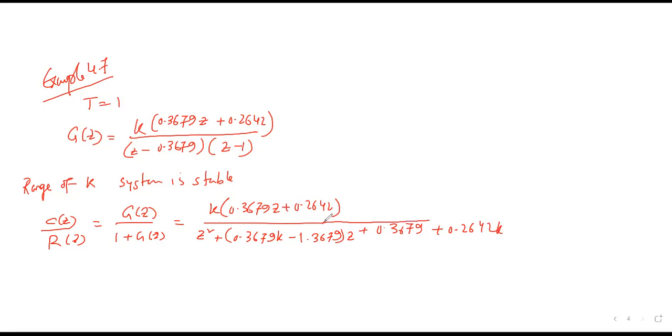Okay, so we are interested in the denominator, that is our characteristic equation. So our characteristic equation P(z) is essentially this one.